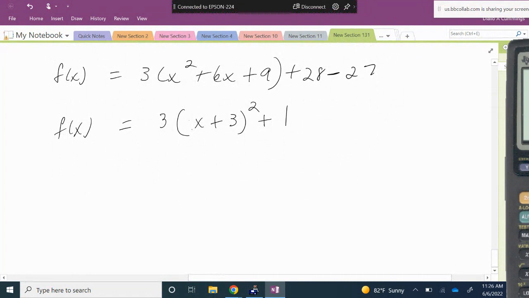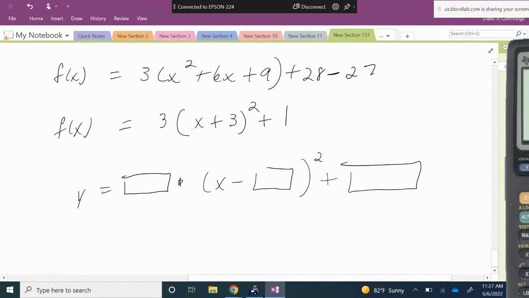So if you were to actually put that in, I think it wants you to put in something like this. y is equal to, so you would put in 3 for this first block, because that would represent that 3 times x.